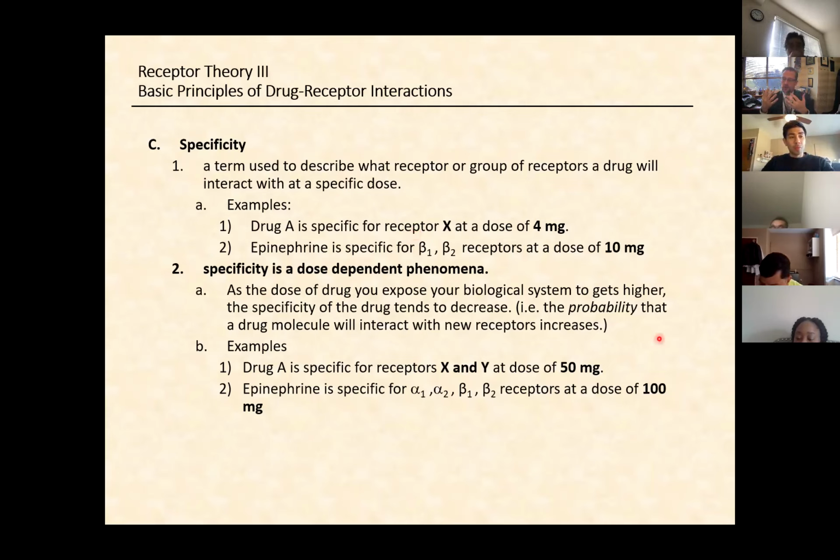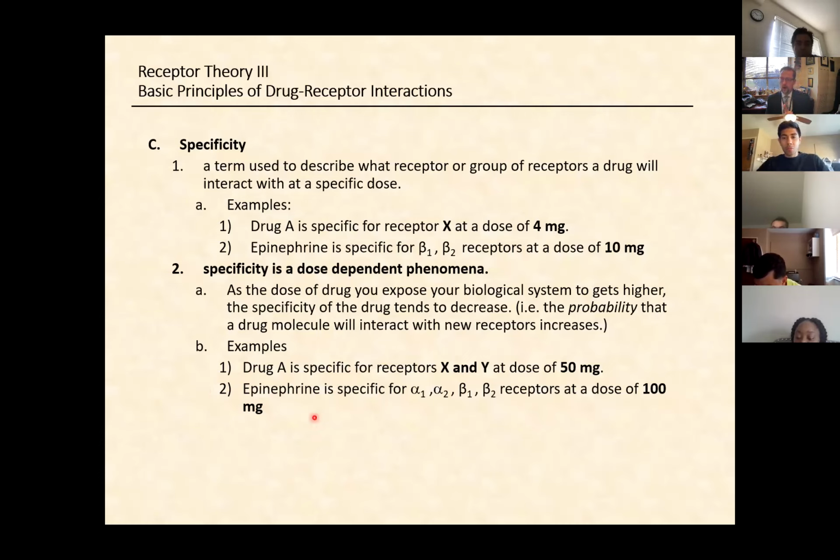As you increase the dose of a drug, remember, in any biological system, the probability that that drug or ligand will interact with another type of receptor increases. We know that. We've talked about that. So it should make sense that the more drug we give a patient, we start to lose selectivity and specificity. Let's take a look at epinephrine here again.